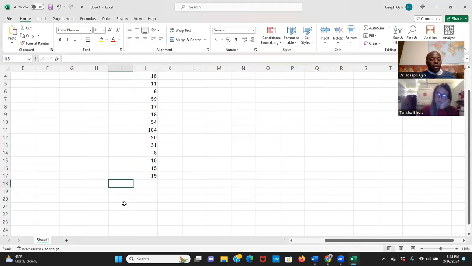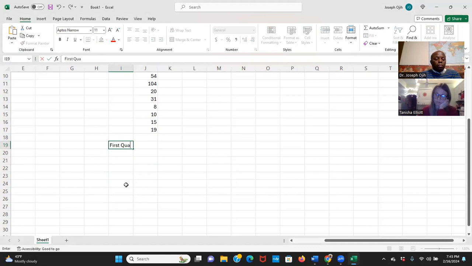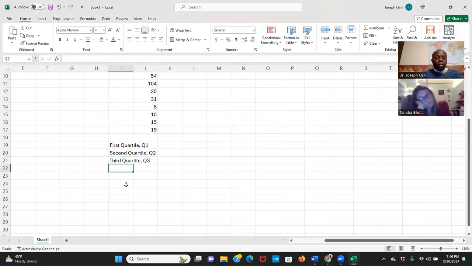So now we are looking for the first quartile, Q1; the second quartile, Q2; the third quartile, Q3; and the interquartile range, IQR.